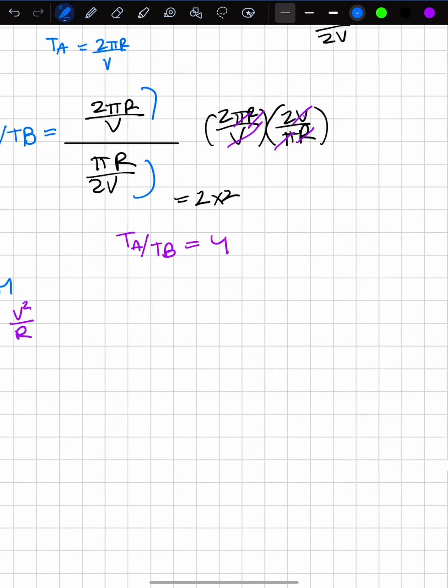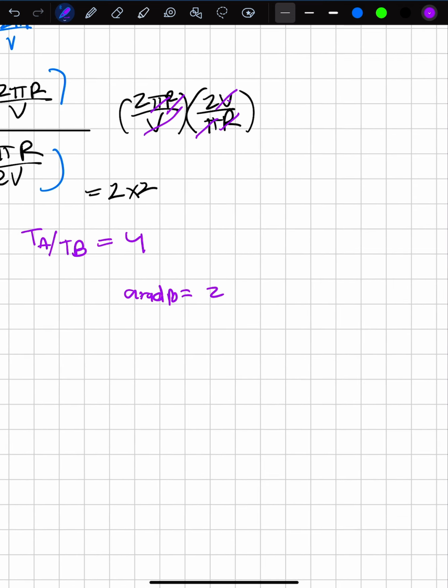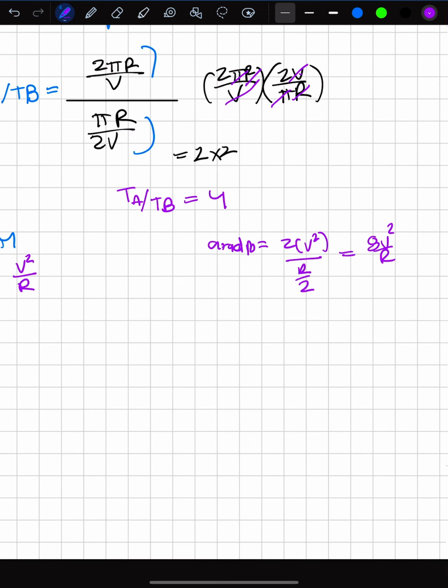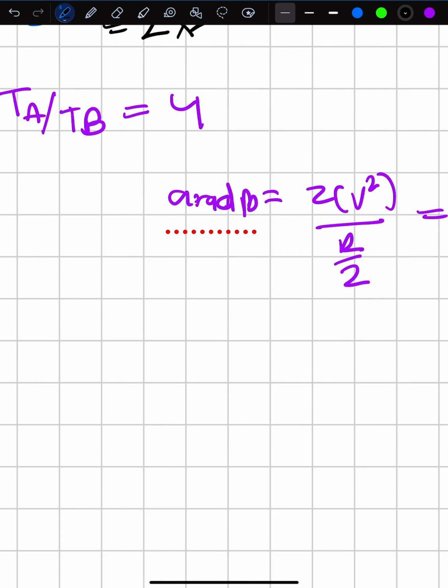So the centripetal acceleration for object B is going to be the following. Let me plug in what we have: velocity squared, and we know the radius is r over 2, so it equals 8v squared over r.